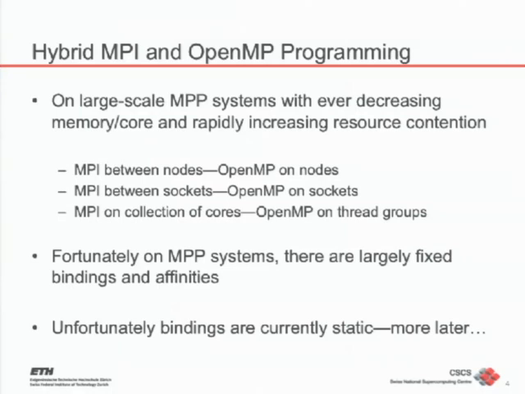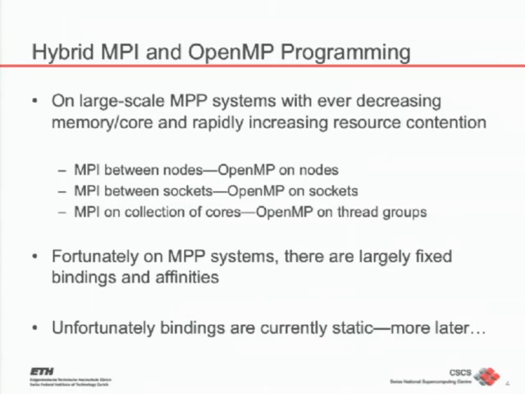Large-scale MPP systems are many-core. We've said already they're going to be multi-socket and multi-core, so there are issues to do with non-uniform memory access and affinity that you need to take account of. We've got MPI between nodes and OpenMP on nodes, or MPI between sockets maybe and OpenMP on sockets, which is more realistic, or even going further down onto little dies, as we said before about this many-core processor.